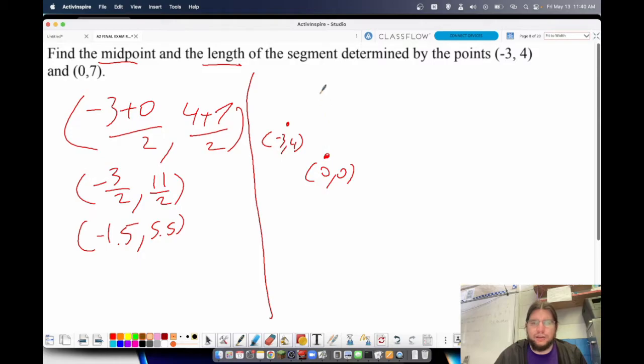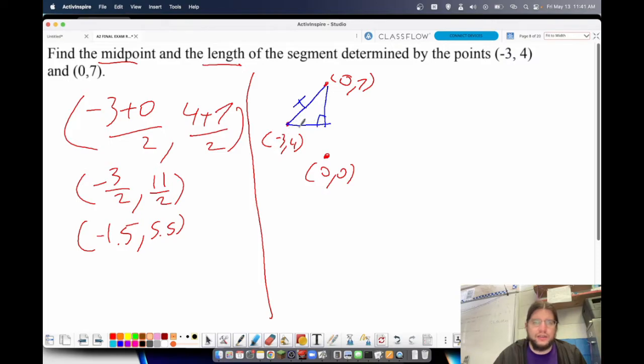This 0, 7 dot would be up here. And you just make a right triangle out of it, so this side up and this side right here. They intersect at a right angle. We want the distance, so we use the Pythagorean theorem to find that.